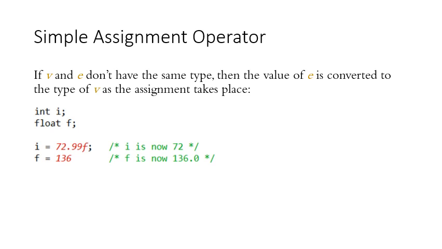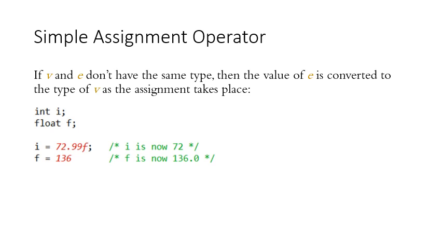Thus, for example, let's say we have declared an integer I and a variable f with a type float. When we have assigned 72.99f, which is a float, to an integer, I will now be 72. So there is a side effect.